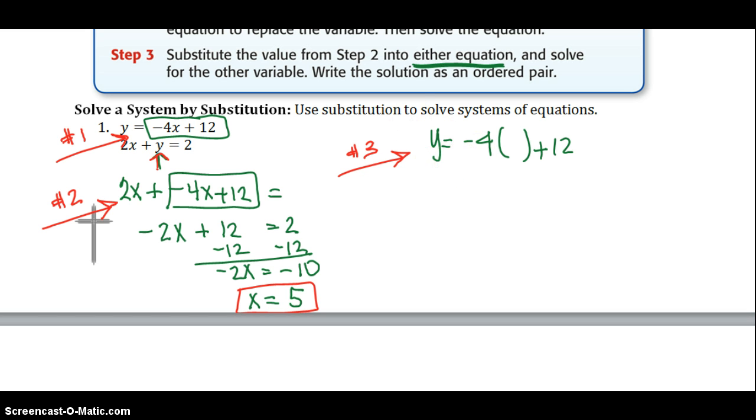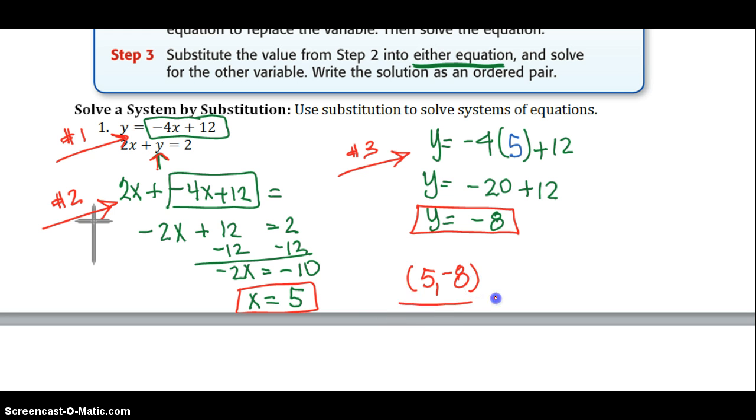So in place of x, I'm going to substitute 5. And when I do that math, I get negative 20 plus 12. So y equals -8. So the point where the two lines intersect is the point (5, -8). So that is the solution to that system.